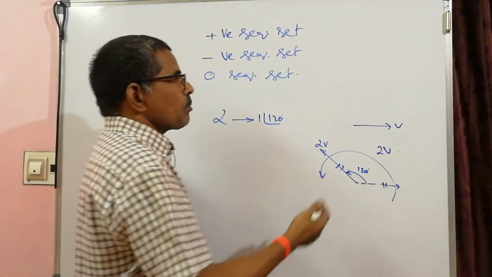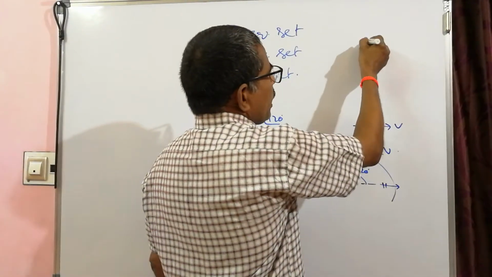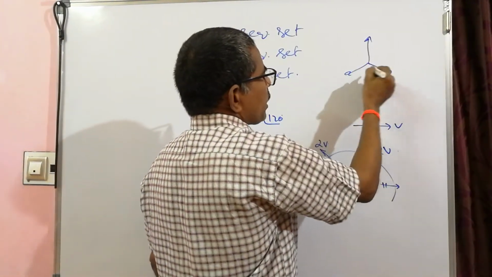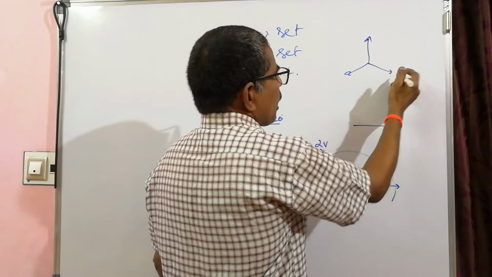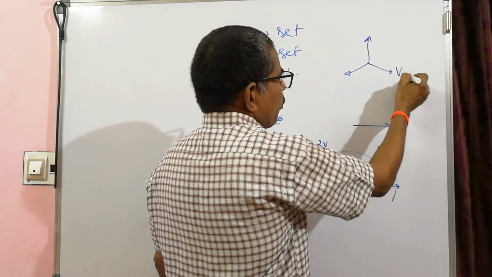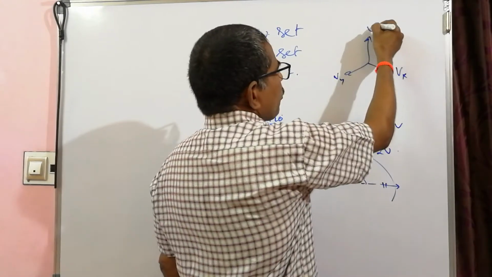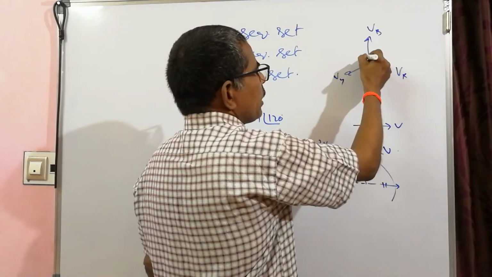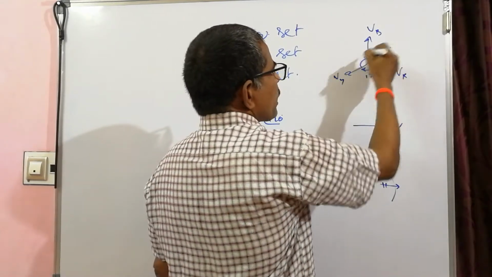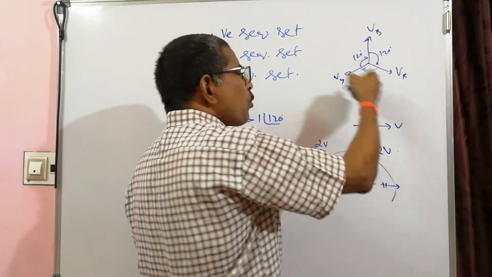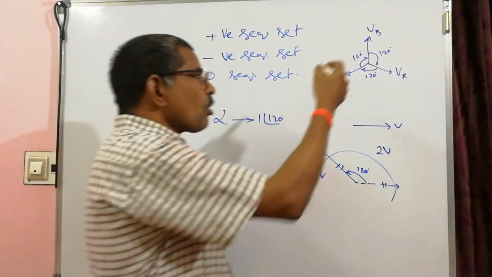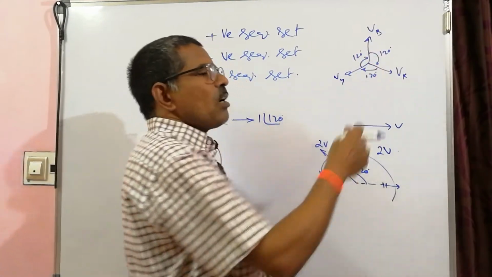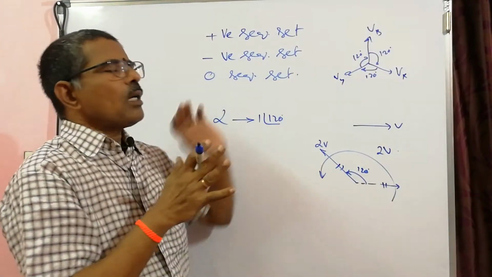Whereas, in our system, if we take balanced 3-phase voltages or currents, if this is VR, Vy will be here, Vb here. It is clockwise direction 120 degrees. So, it is a uniform phase angle of 120 degrees in clockwise rotation. So, we refer to clockwise rotation for our balanced vectors in our normal notation.